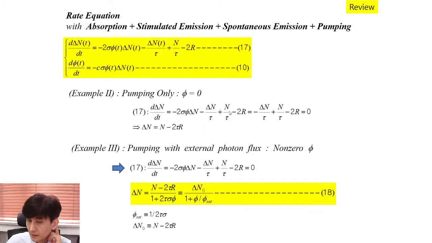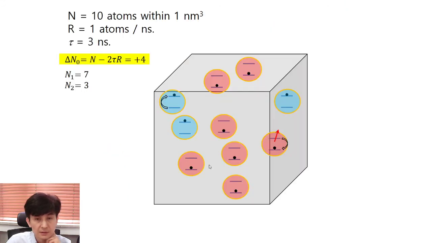We'll explain these two situations with graphical interpretation. I considered a case where we have 10 atoms per 1 nanometer cube. Let's consider this cube is 1 nanometer cube, and the pumping rate R is 1 atom per nanosecond within this volume, and tau of this atom is assumed to be 3 nanoseconds.